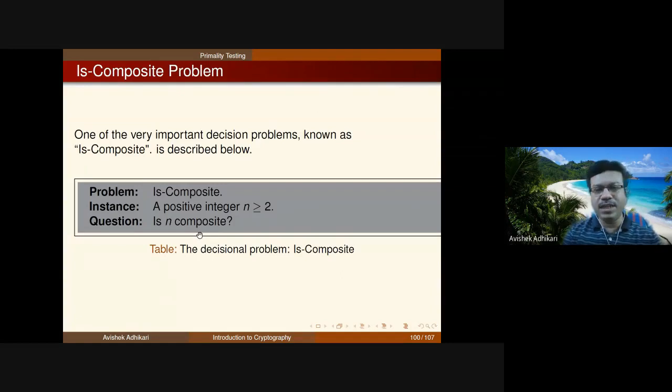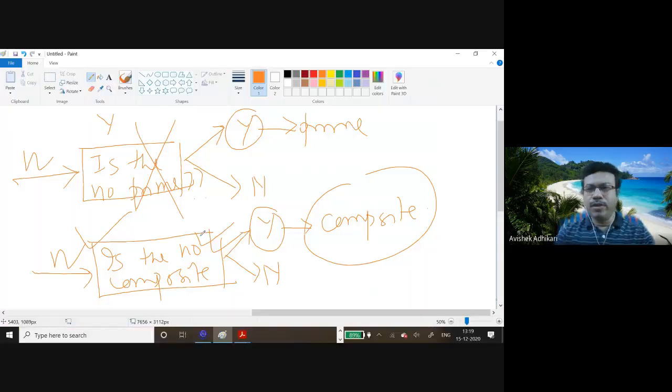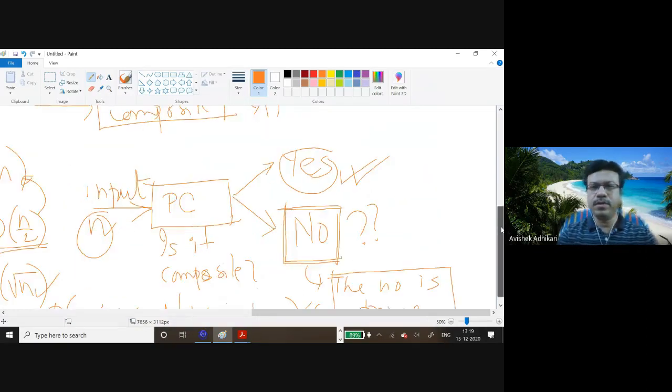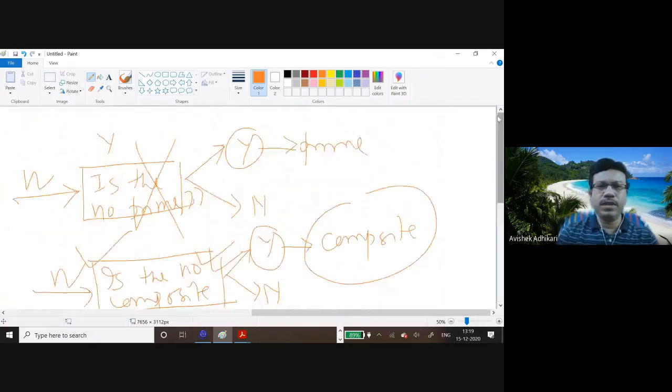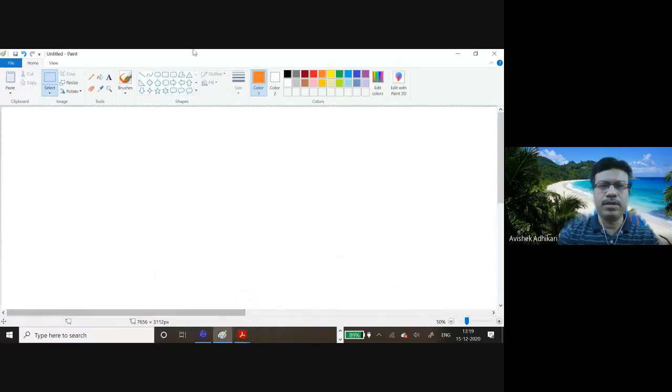Now let me check how to handle this problem using quadratic residues. The idea is very simple. Before going to that question, I'll first write it down a bit. Maybe I can erase this. Okay, so the idea is like this.